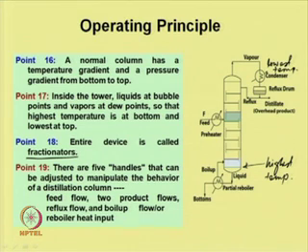So, there are 5 handles that can be adjusted to manipulate the behavior of a distillation column. What are those? Feed flow, we can change the feed flow rate, we can change the feed conditions as well. 2 product flows, that means bottoms and the distillate.